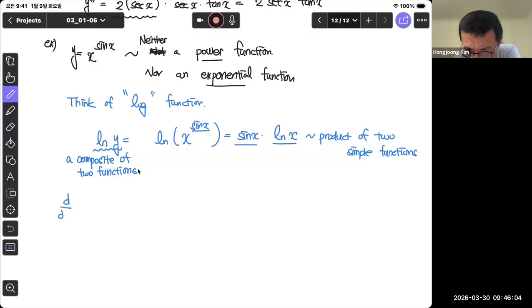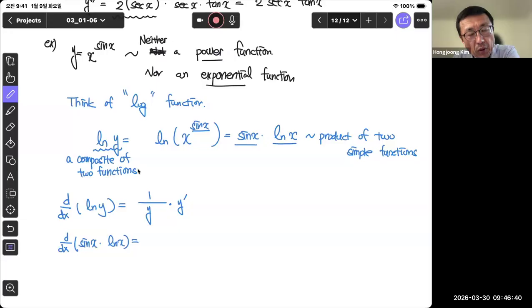If I differentiate the left hand side, you get the derivative of the outer function, which is the reciprocal function evaluated at the inner function, multiplied by the derivative of the inner function, which is y prime. And what is the derivative of the right hand side? Sine x times ln x. So I need to differentiate each term one by one.